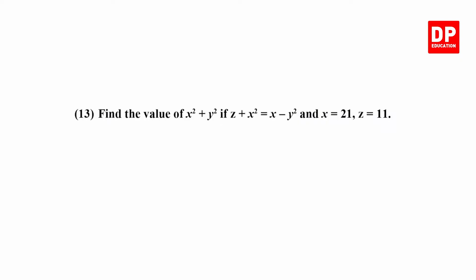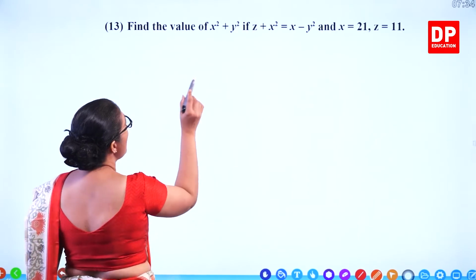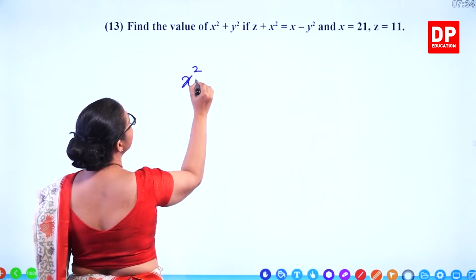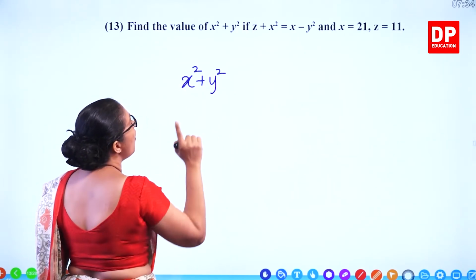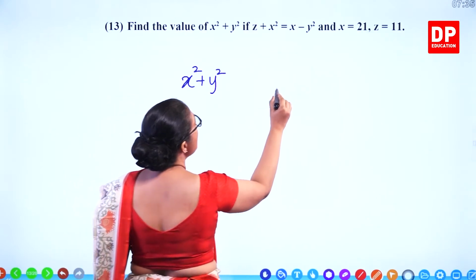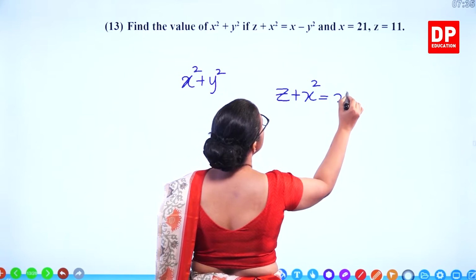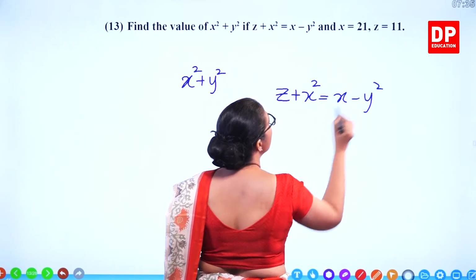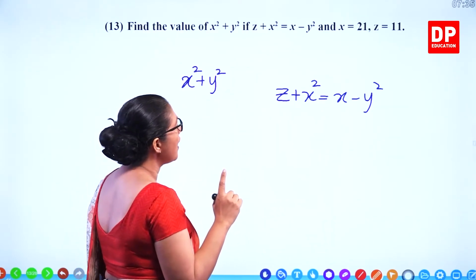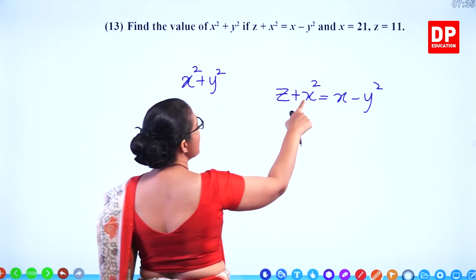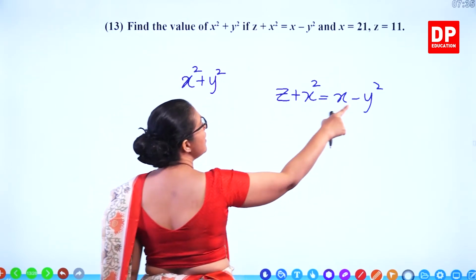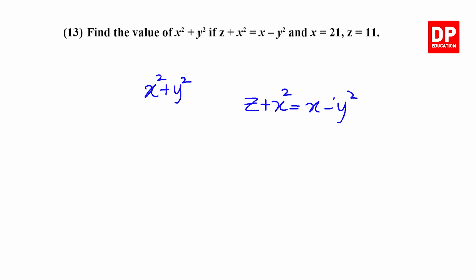Question number 13. Find the value of x squared plus y squared if z plus x squared equals x minus y squared. Now look carefully. We need x squared plus y squared. Here, when you take it to this side, you get x squared plus y squared.